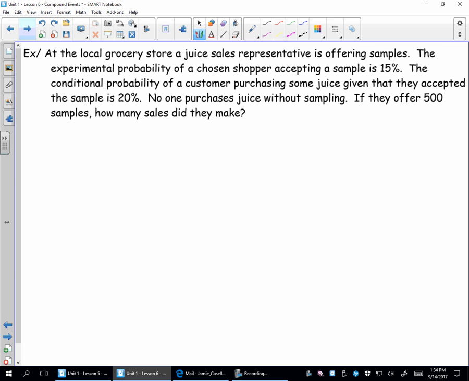Okay, if they offer 500 samples, how many sales did they make? So I want to know what's the probability that somebody bought something, right? So in order to buy something, they had to sample it. And I know that because it said no one purchases juice without sampling. So I need to figure the probability of sampling and purchasing.